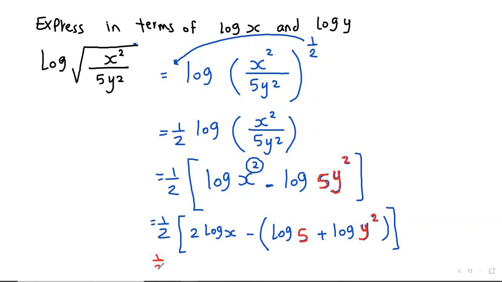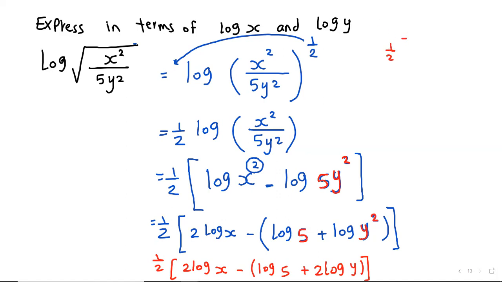What is the next? It's a half. And here we have 2 log x minus, we have here log 5 as it is. And what about log y to the power of 2? It's going to be 2 log y. I have finished it because we are going to leave this half as it is here.